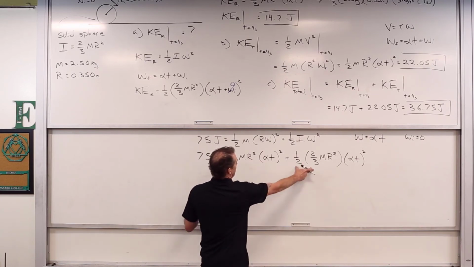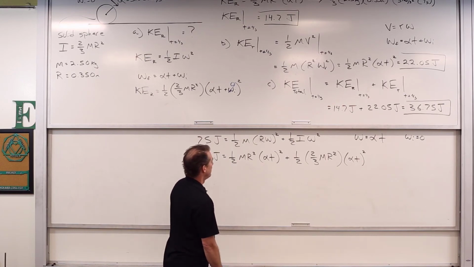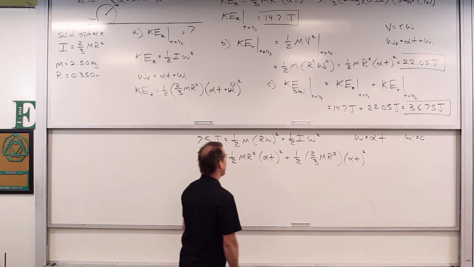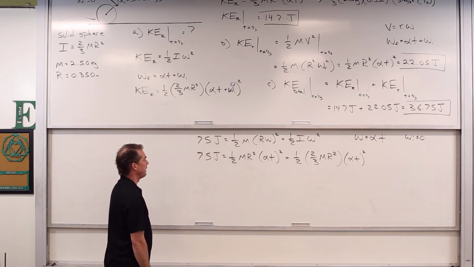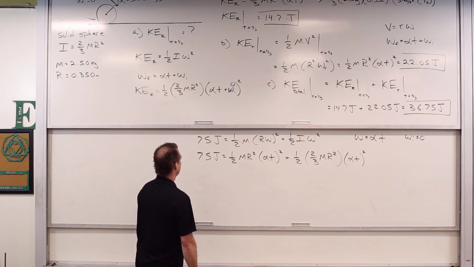So let's collect some terms here. We've got a 1/2 m r squared plus a 1/3 m r squared times alpha squared quantity times t squared.